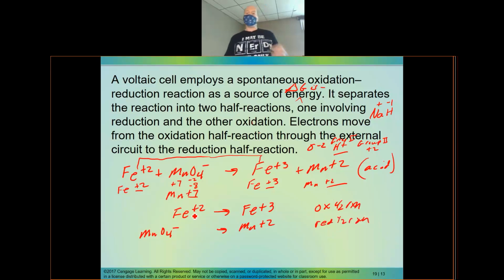All right, so now this is not what the book does, and I don't agree with it. The electrons are what balance your oxidation numbers. So you are going to balance your oxidation numbers with electrons. They never do that in the book, and I don't know why, because that is a very important part of your oxidation reduction. It is all about the electrons that are being transferred from one to the other.